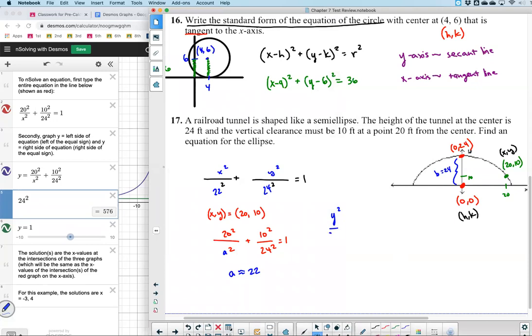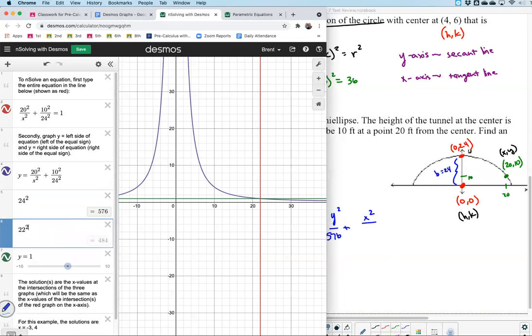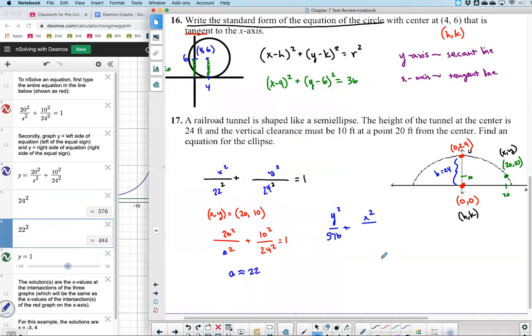So it'd be y squared over 576. I'm putting it into formula chart form, plus x squared over 22 squared. Let's find out what that number is. 484 equals 1. That would be our equation there.